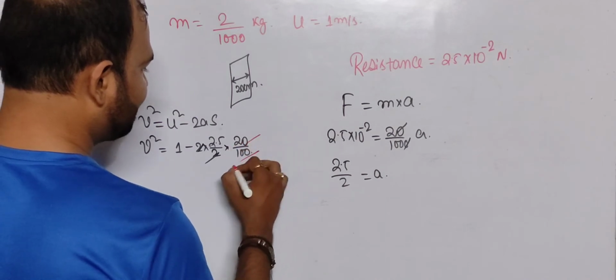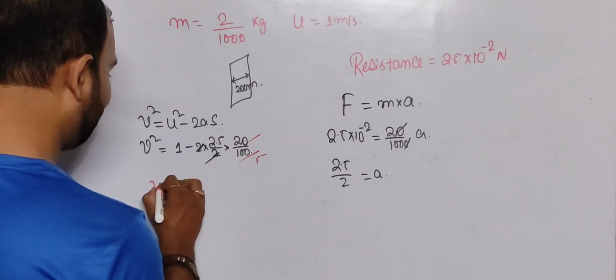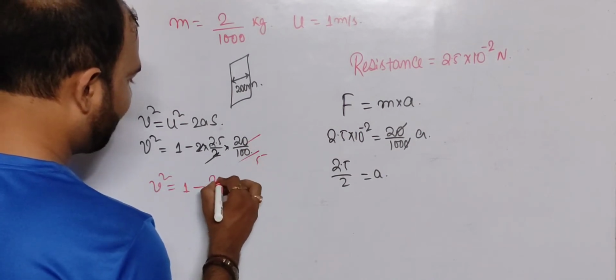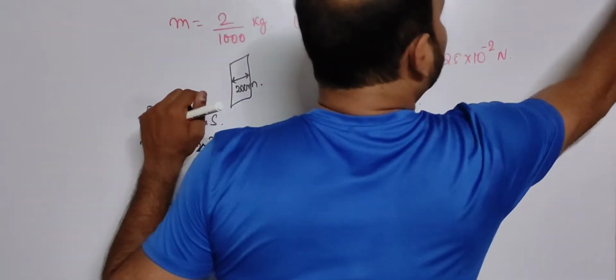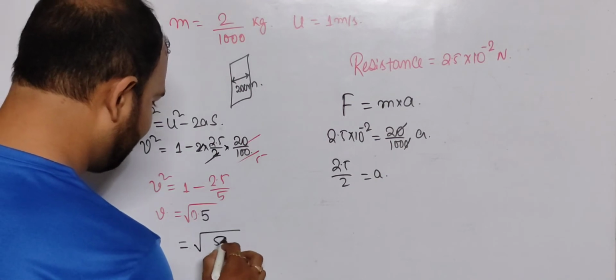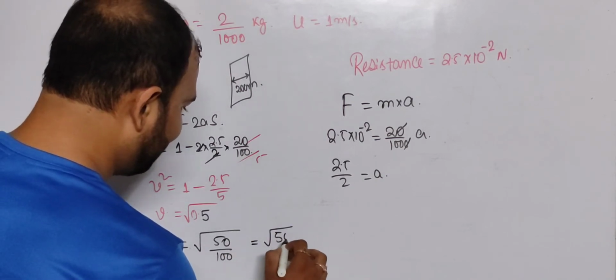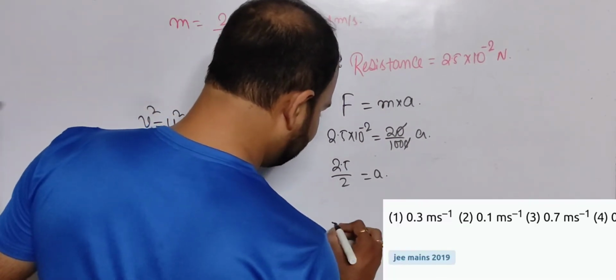If we cut this, we get 5, and V square equal to 1 minus 2.5 by 5, that is 0.5. So V equal to root over 50 by 100, that is root over 50 by 10. Root over 50 is approximately equal to 7, so 0.7.